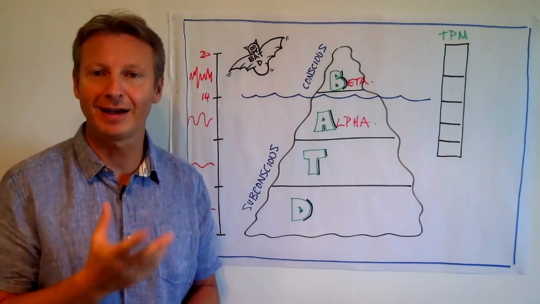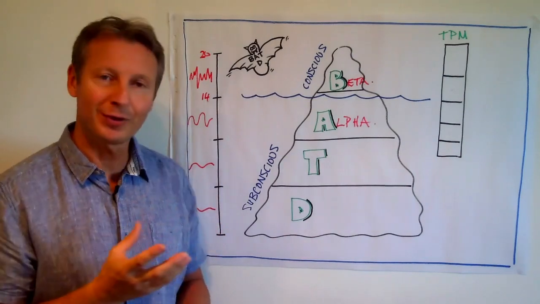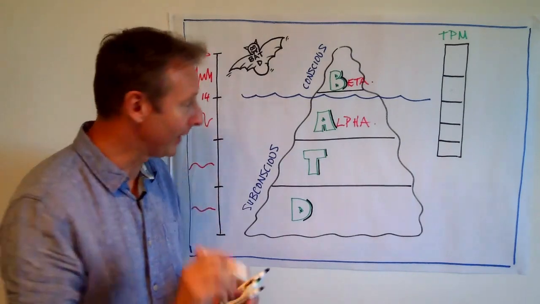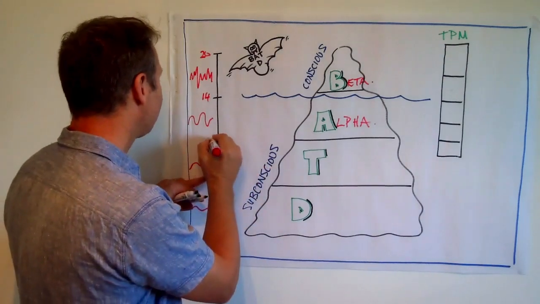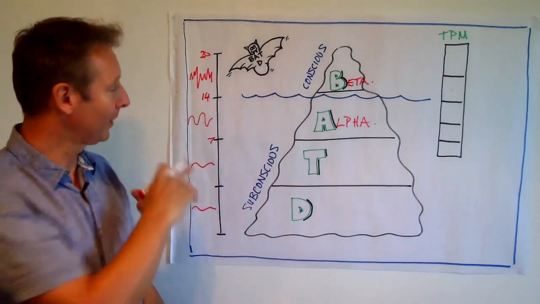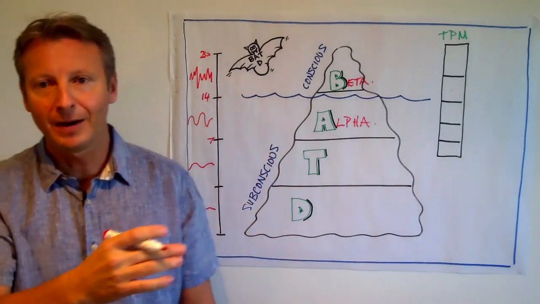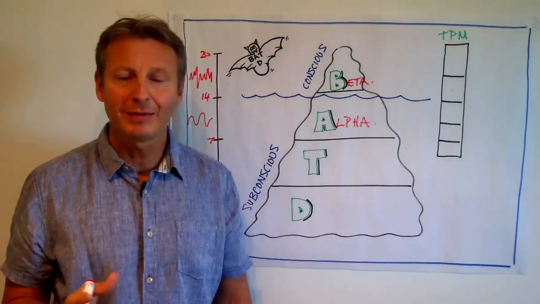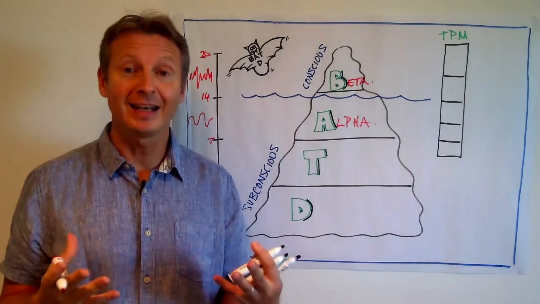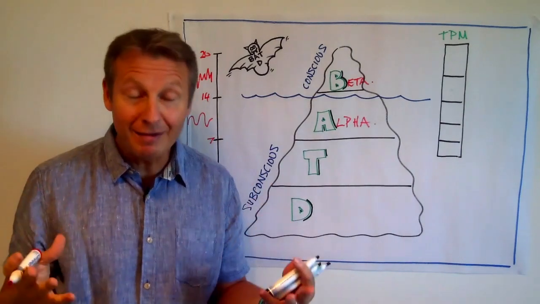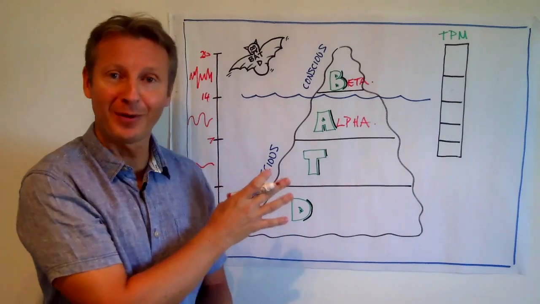When we get our best ideas, they come through the alpha brain frequency waves. Alpha is anywhere between 7 and 14, and you can see this smoothing effect that starts to happen. Any time you've had an idea, a brain wave, it's come more from the alpha.